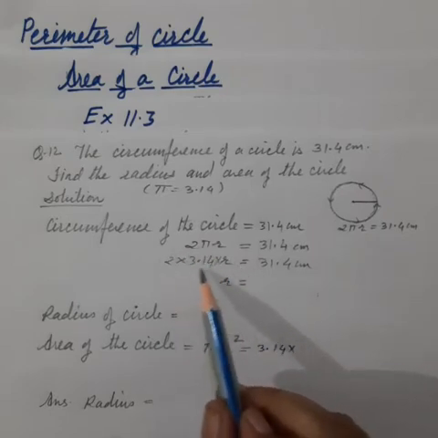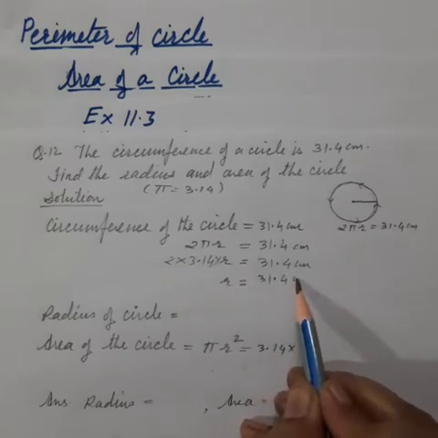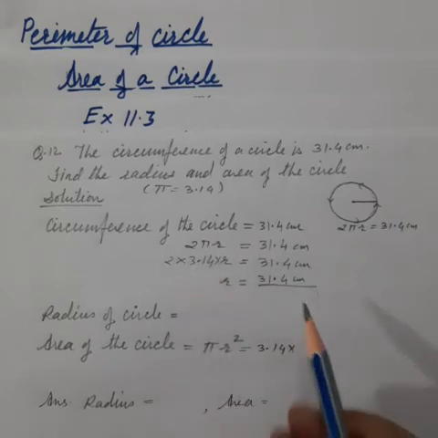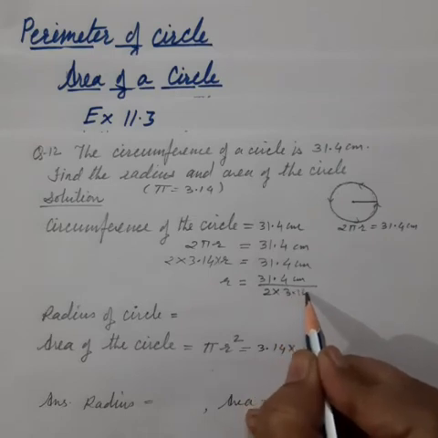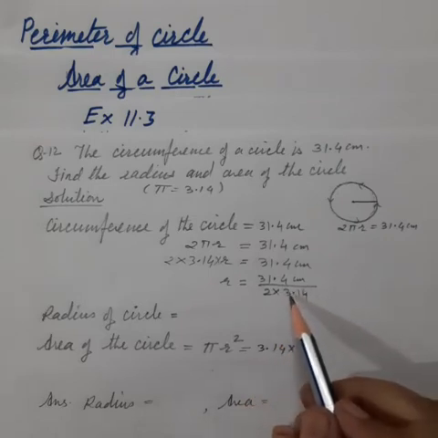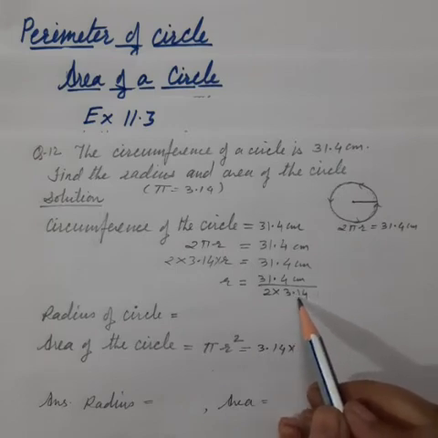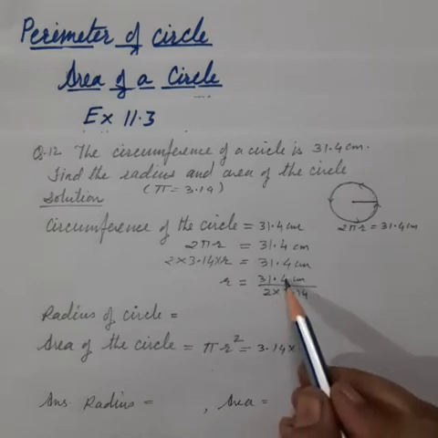So take these two values on the other side. This is 31.4 centimeter, and these two values are here in the numerator. On the other side, take it in the denominator. Now if we multiply this 3.14 by 10, this point will shift 1 digit to the right, and we will get 31.4.